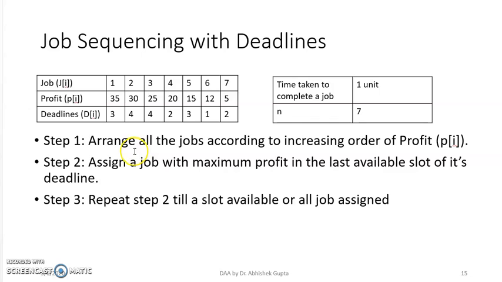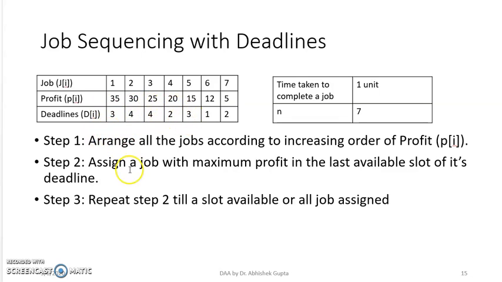Three steps are there. First, you have to arrange all the jobs in decreasing order of profits. In this question, I have already arranged all the jobs in order of profit. However, if the jobs are not arranged by profit, then you can arrange them according to the profit.